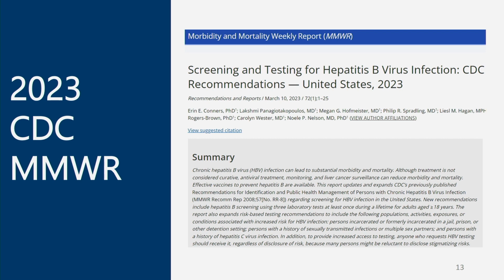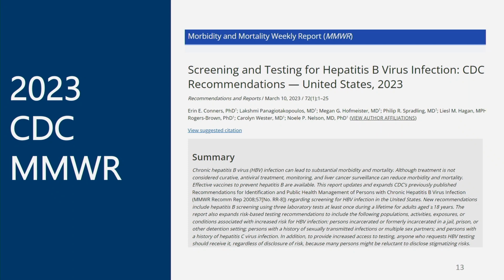Again, those new screening recommendations were recently published in an MMWR. Just wanted you to be aware, again, triple panel screen is the recommendation going forward once in a person's lifetime. Pregnant persons should also have that triple panel screen. If you're familiar, usually pregnant persons are screened for hepatitis B surface antigen during every pregnancy.